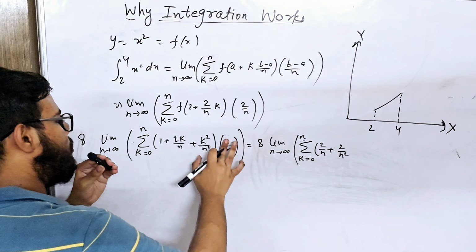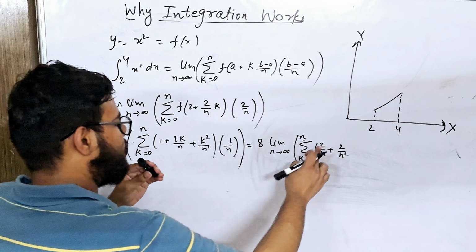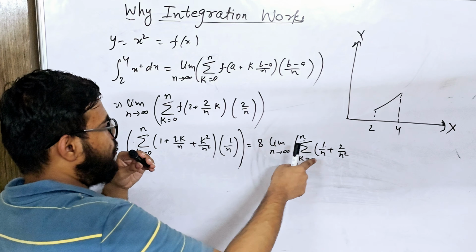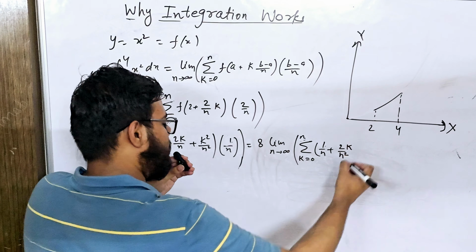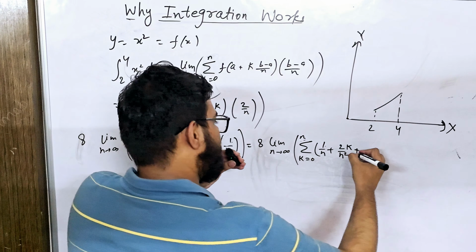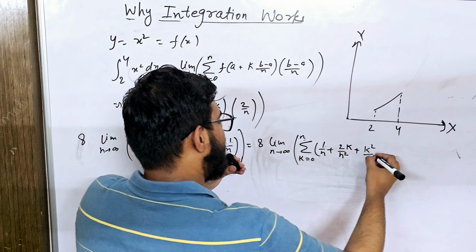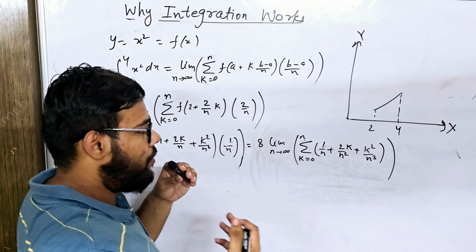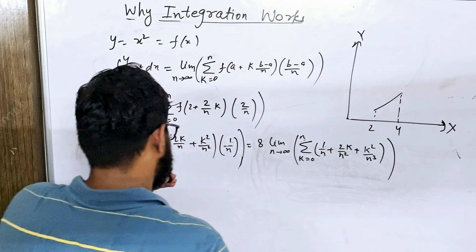We're taking 2 as common, so here it will be only 1, and here also 1. So 1/n, 2k/n squared plus k squared/n cubed. This expression we need to evaluate.